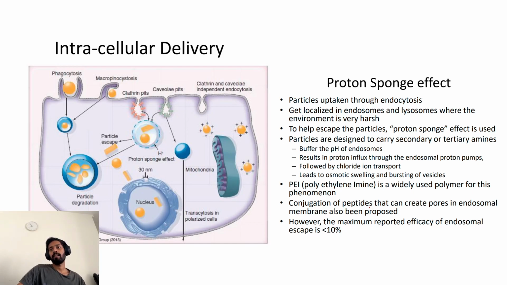That's the proton sponge effect. Although the technology works very well in theory, in practice the maximum reported endosomal escape is around 10%. So you can imagine most of the particles are still in the endosome, but your goal is to ensure that enough comes out to release the drug in the intracellular space.